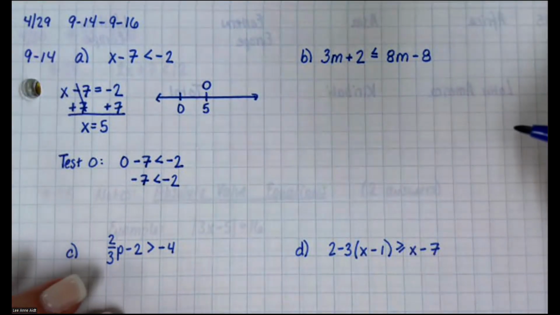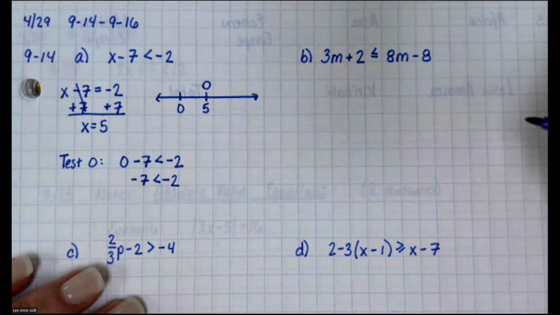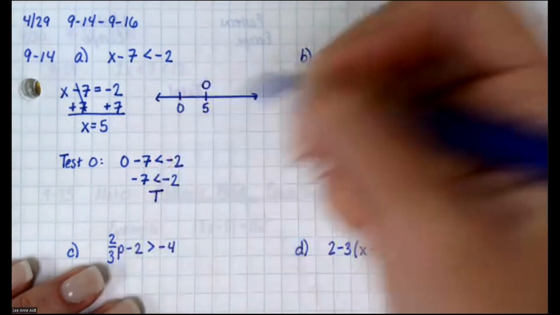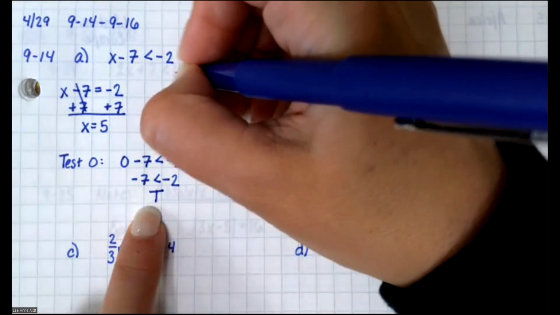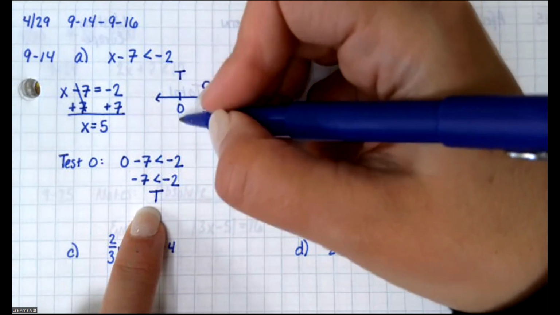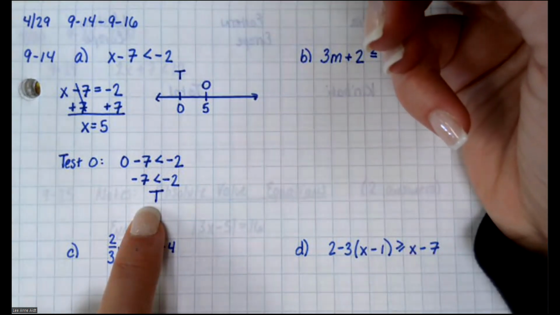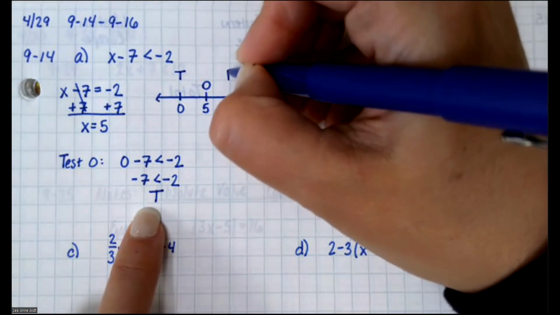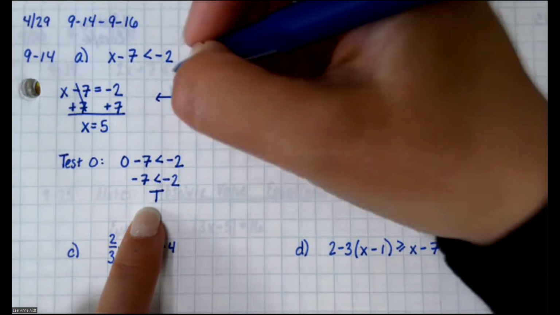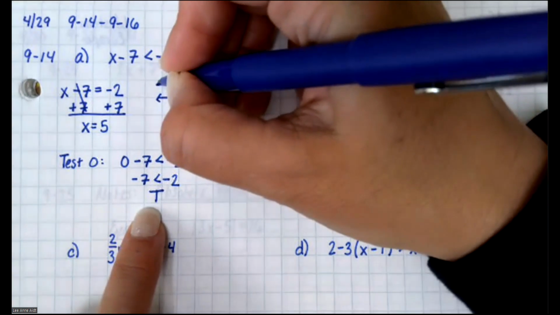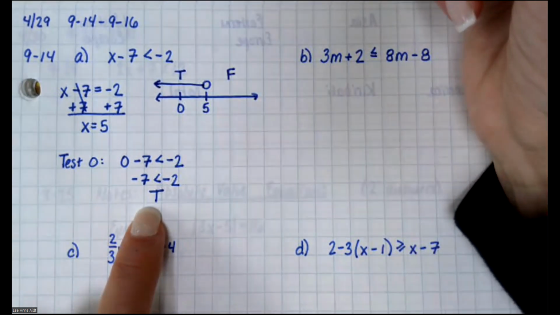Happy or sad crocodile? Happy. Happy crocodile means that it's a true statement. And so we're going to put a T right at the thing that we tested for true. And then the other side of the open circle will be false. I want my arrow to go toward the true side always.